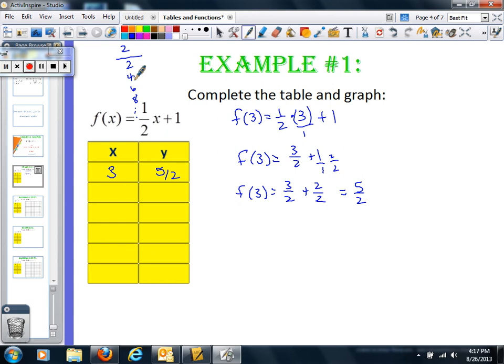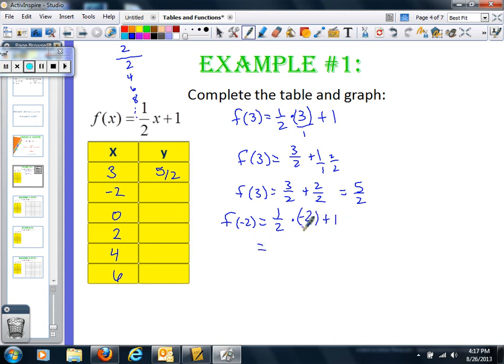So let's go ahead, and I'm now going to show you why you want to pick multiples of 2. Okay, so let's say I pick -2, and let's go ahead, and 0 should be an easy one. And let's pick 2 and 4 and 6. Okay, so -2, f of -2 would be 1/2 times -2 plus 1.